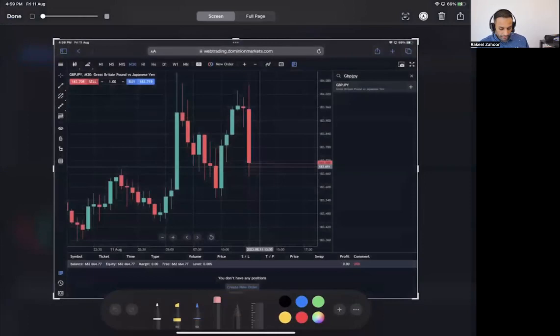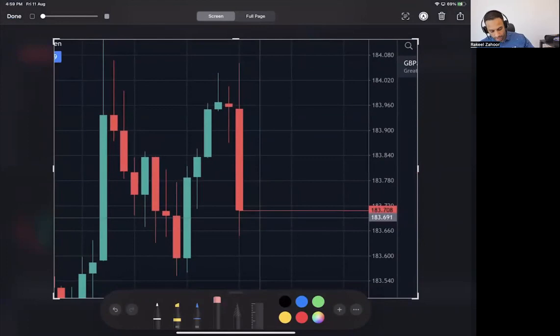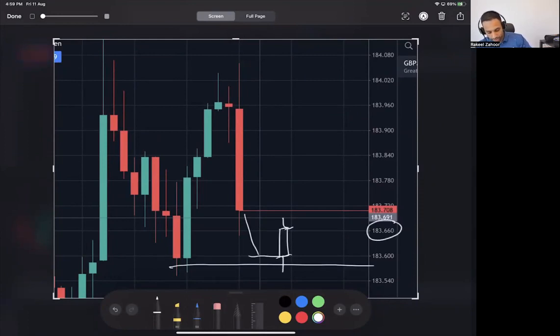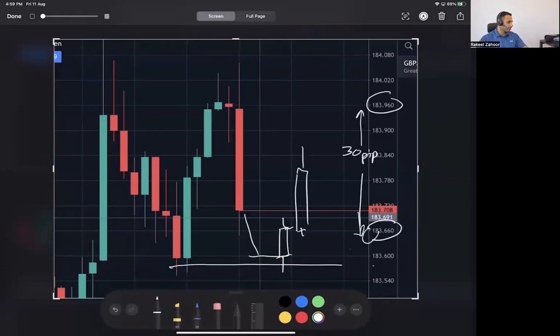What I think is going to be better is, let's say, if we create some sort of support over here where a candle closes bullish, then maybe this range, 183,660 till 183,960, which is maybe 30 pips, would make sense. And then you can say the next candle can continue to go up, but they're just waiting at this point.